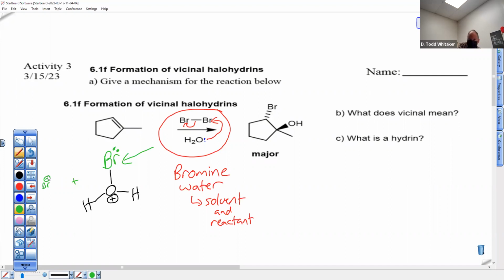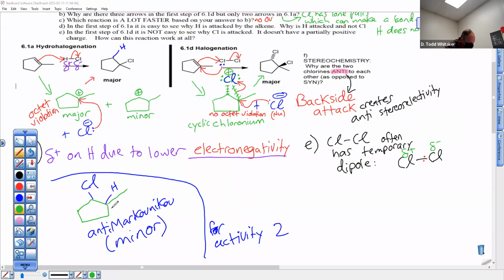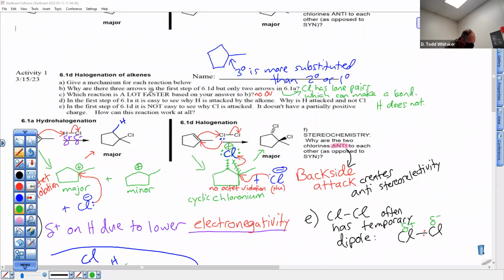Now, I get students who say, that's an oxonium. That's a strong acid. I know what to do with strong acids and alkenes. And they attack the hydrogen. They forgot the whole exercise where I'm asking which reaction is a lot faster, the one where you attack a hydrogen in the strong acid or attack a halogen that has a lone pair that can prevent an octet violation.